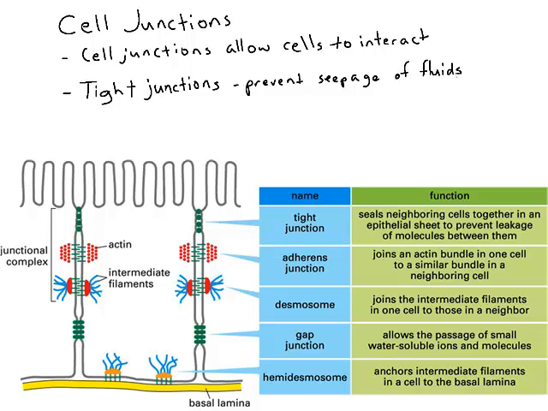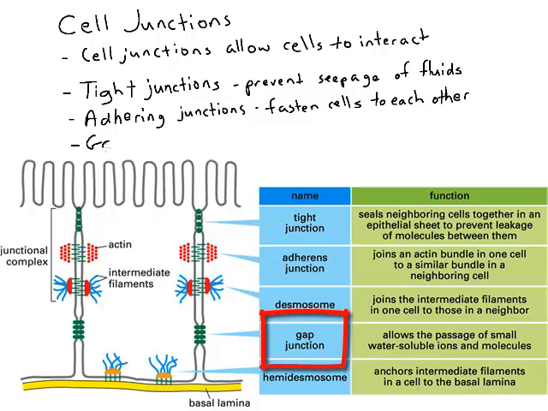You have adhering junctions, which fasten cells to each other and lend strength to tissue and connect to the cytoskeleton elements in the cells, such as what you would find on the skin of an animal. And then finally, you have gap junctions, which are closable channels that connect the cytoplasm of adjoining animal cells.